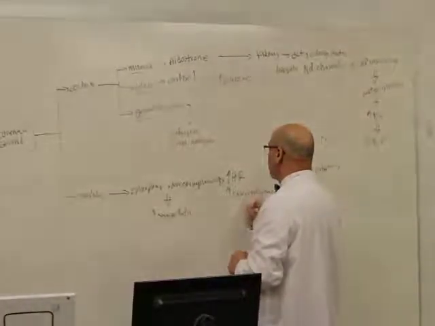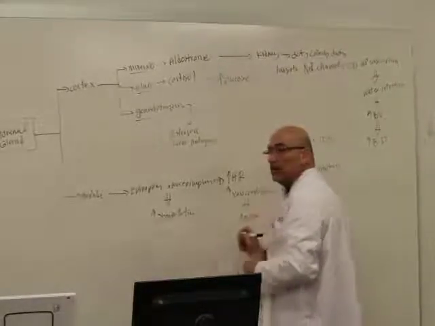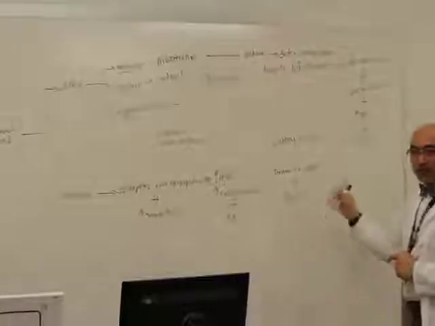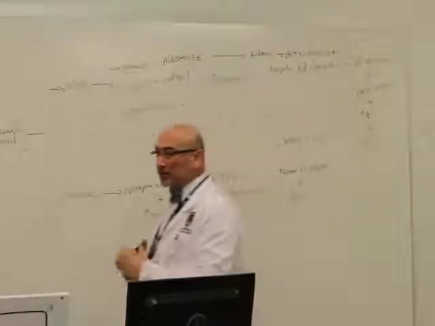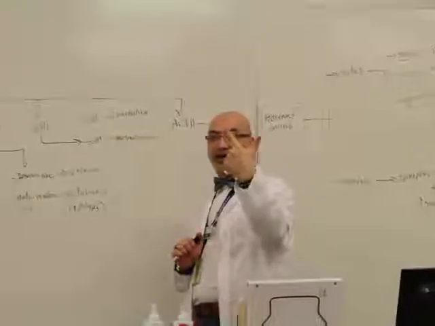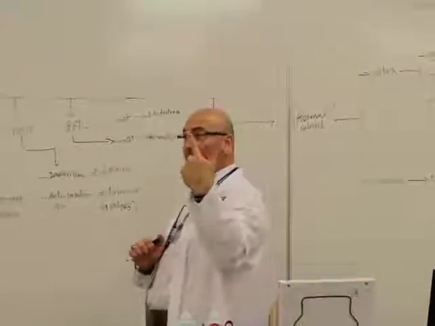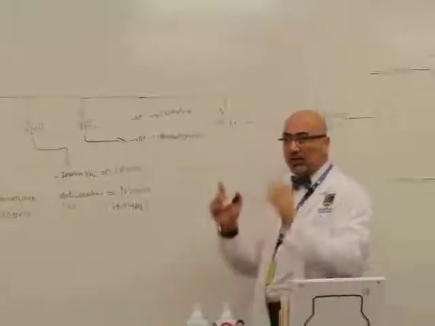And vasoconstriction means that it's going to increase blood pressure. So you're playing with blood pressure through different pathways. The blood pressure could be increased by heart problems, blood vessel diameter changes, and fluctuations in blood volume. Okay? So you always think about those three possibilities for having hypertension or high blood pressure.